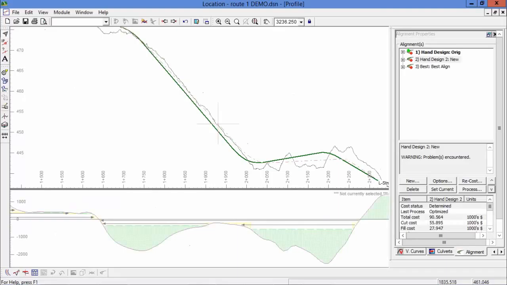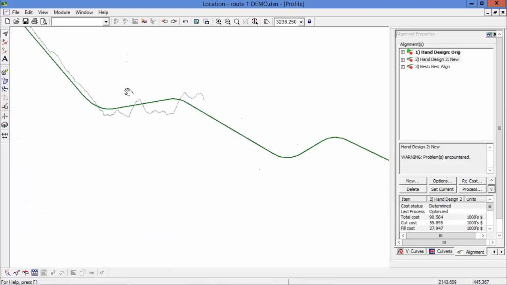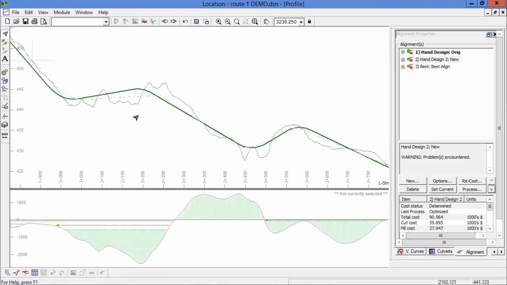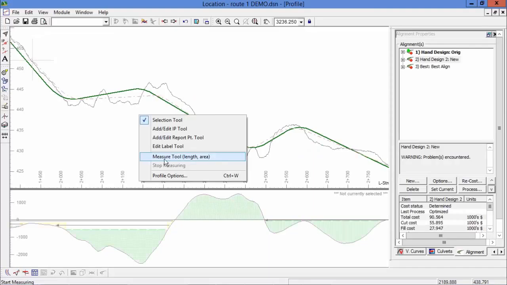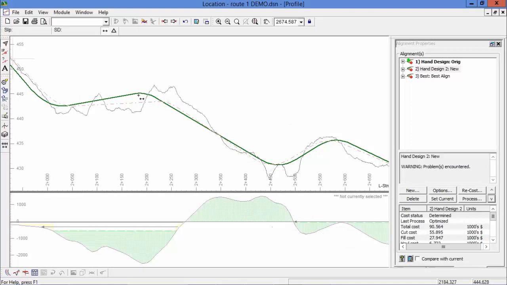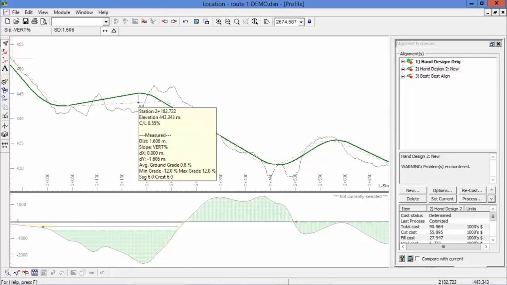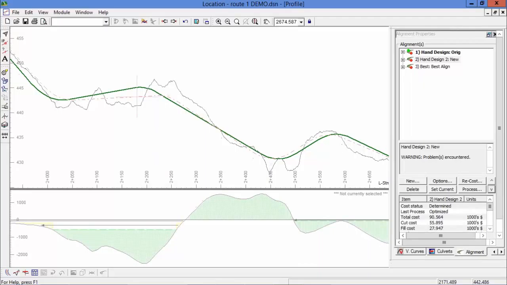Here it's getting a bit far apart, and that's probably where the difference is the biggest. So let's just measure it out of curiosity, and here I get exactly... Hold on. Yeah, I'm getting actually 2 meters. No, not even that. 1.5 meters. So you can see that these alignments are very close.